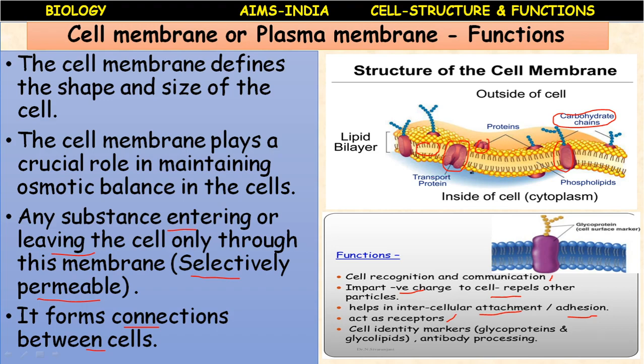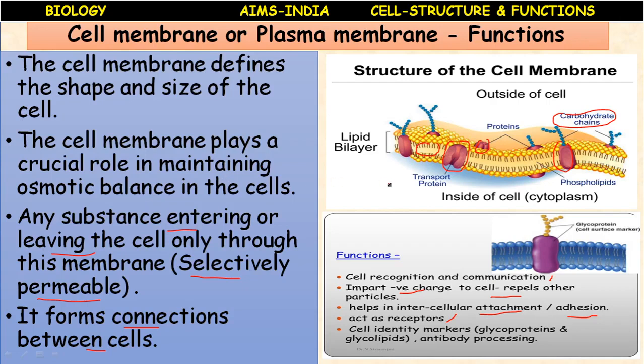The antibody processing takes place. That's the reason why whenever any foreign particle tries to enter the cell, first these proteins, the glycoprotein layer and glycolipid layer, detect those antibodies.